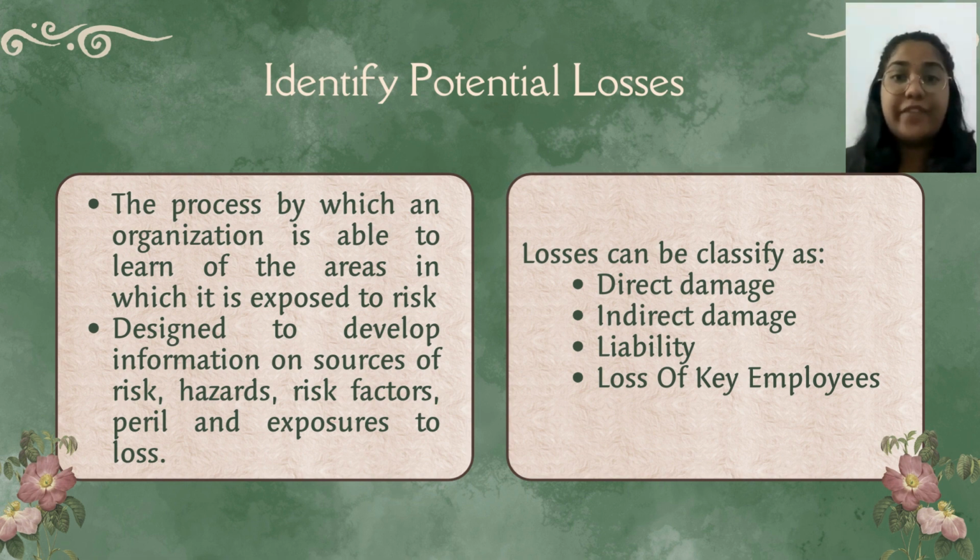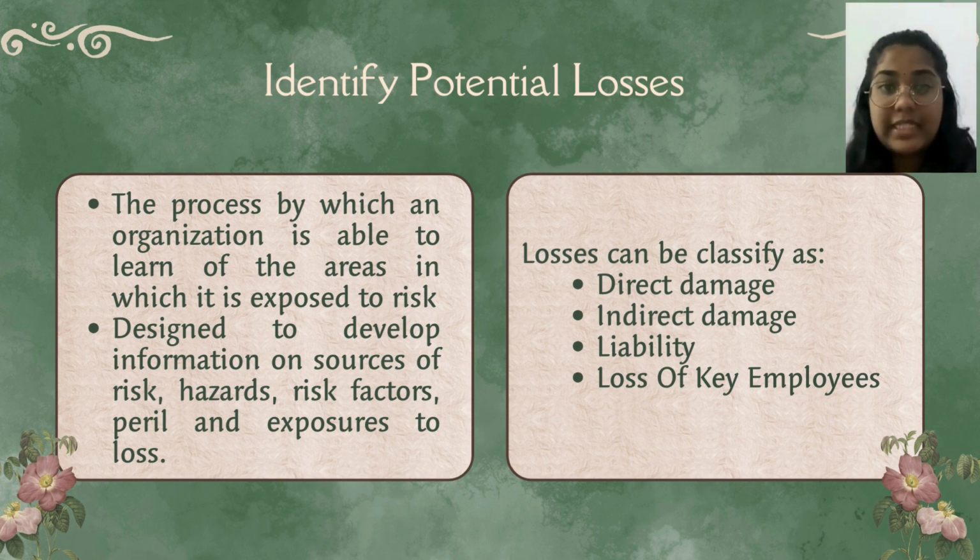Risk identification is the process by which an organization is able to learn of the areas in which it is exposed to risk. Identification techniques are designed to develop information on sources of risk, hazards, risk factors, perils, and exposures to loss. It is everybody's task to identify the loss exposures in one organization.